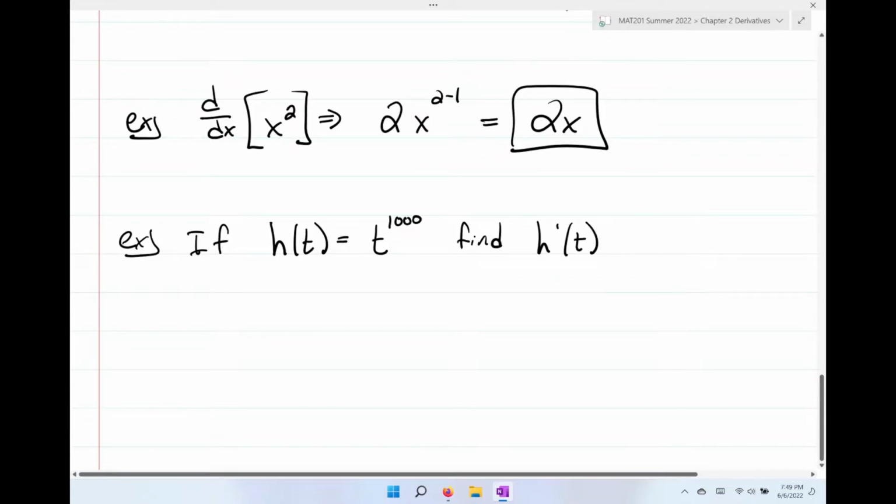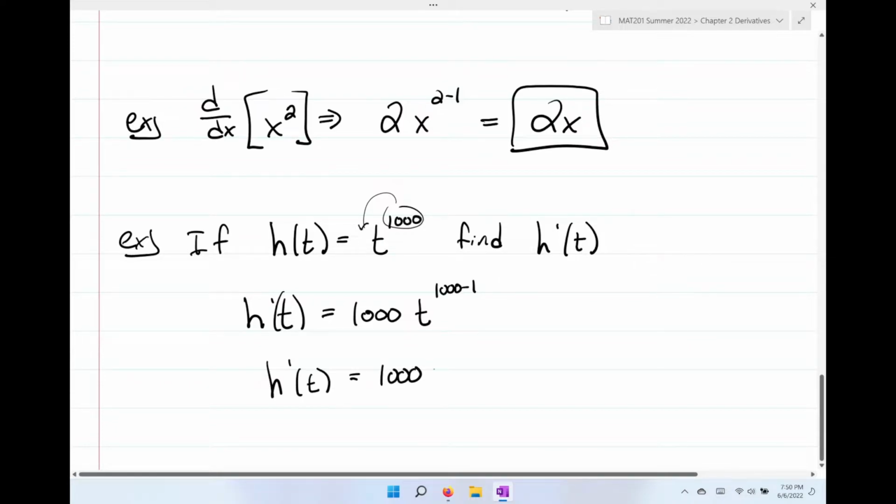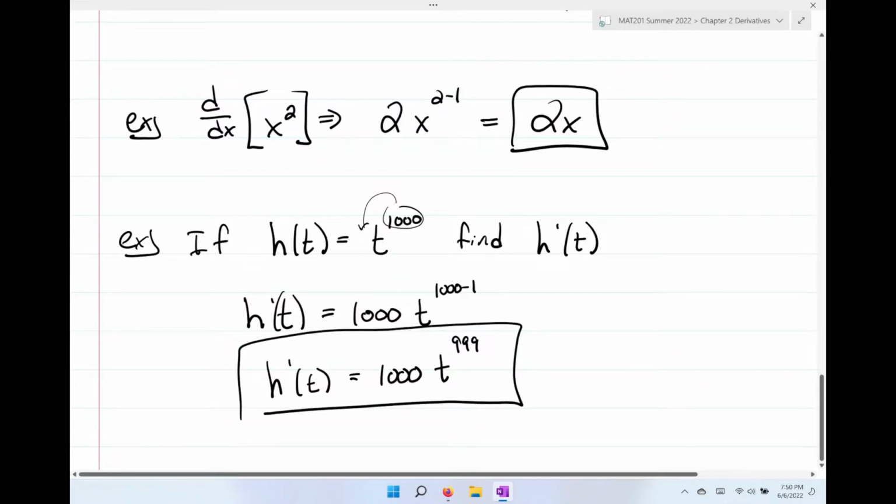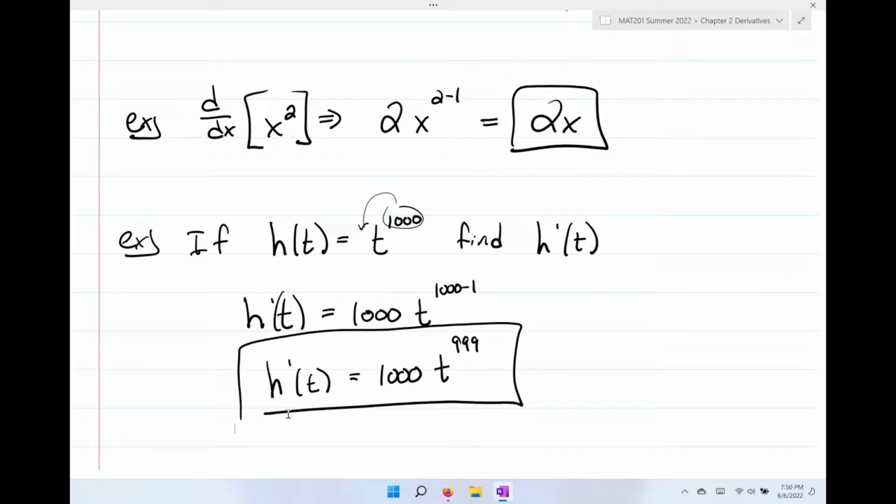Well, once again, for h prime of t, you would take the exponent, pull it out front, and then subtract 1 from it. So h prime of t is going to equal 1000 t to the 999 power. All right, so I hope you get the gist of what's going on with the power rule. It's very easy to apply, okay?